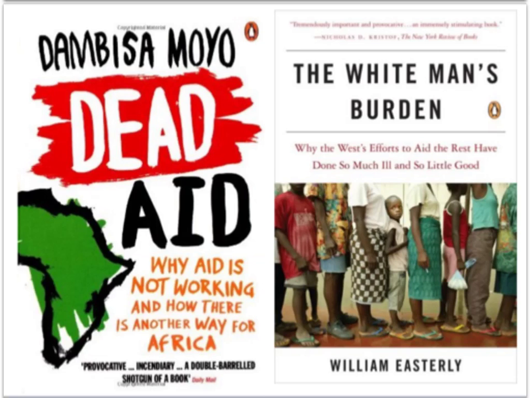And two public intellectuals that adopt a neoliberal perspective on aid are Dambisa Moyo in her book Dead Aid, and then Bill Easterly in his famous book The White Man's Burden. And both of these writers are not convinced that aid has actually helped economic development in poorer countries.